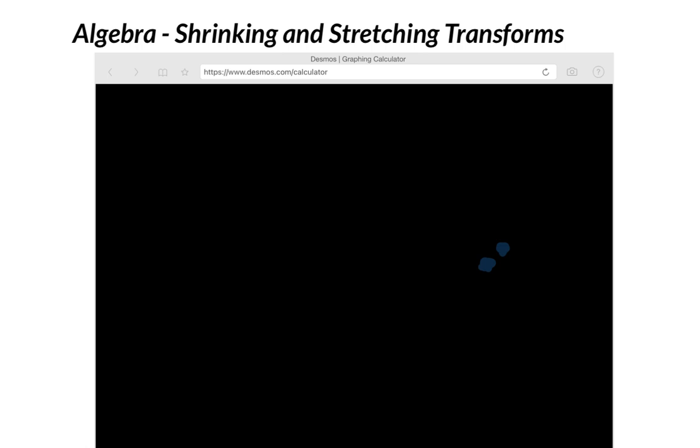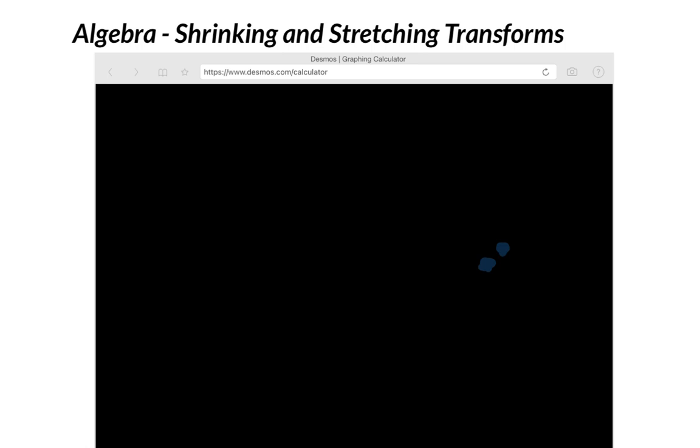So this is how we can transform functions, stretch them or shrink them, vertically or horizontally, and we can figure out what that factor is by saying, well, what happened to the y values? How much did those y values grow or shrink? So a simple multiplier in front will help us stretch the function.